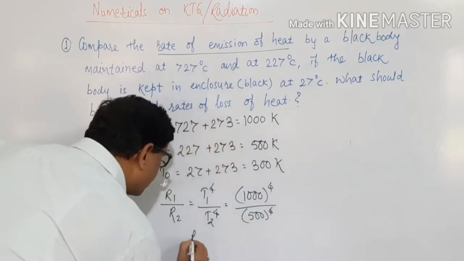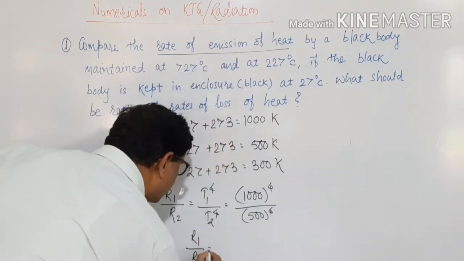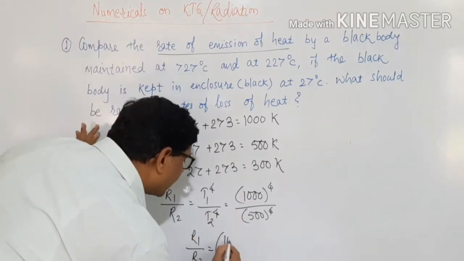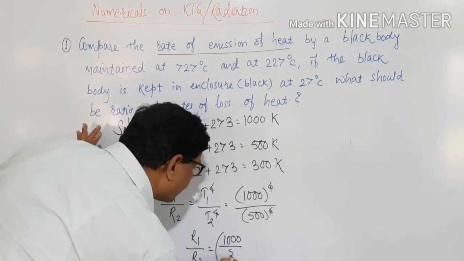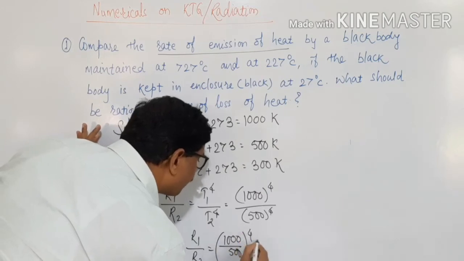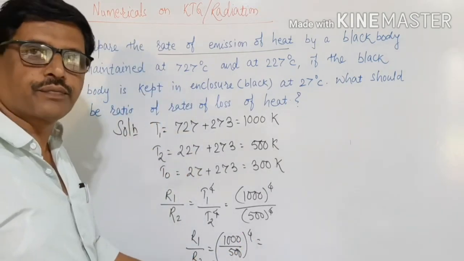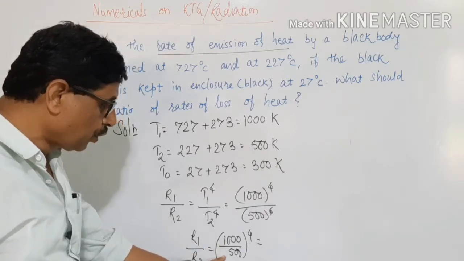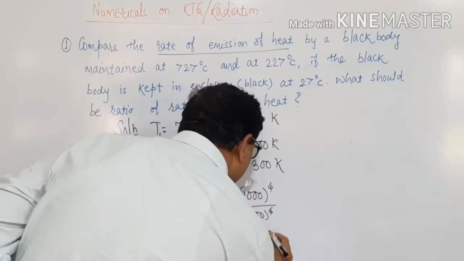Therefore R1 by R2 is equal to 1000 divided by 500 to the power of 4, which is 2 to the power of 4, that is 16.